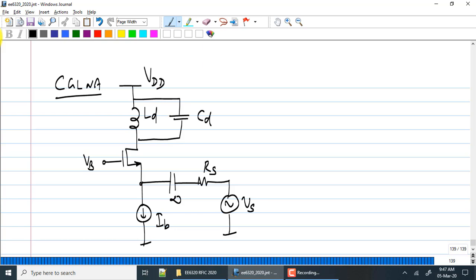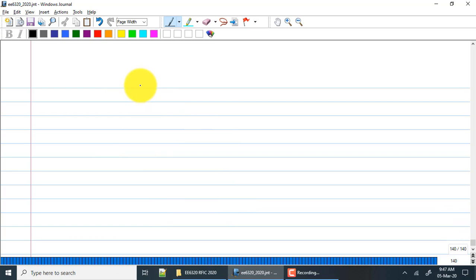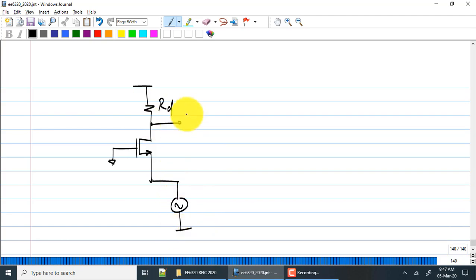If I look at it just from the signal point of view, since I'm anyway applying voltages, the input current is basically Gm times Vs, and that flows through RD.